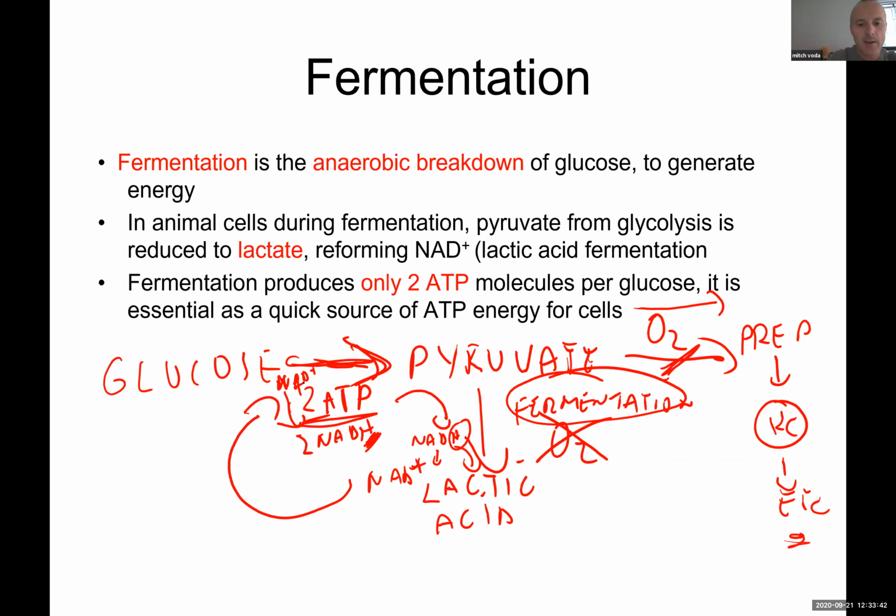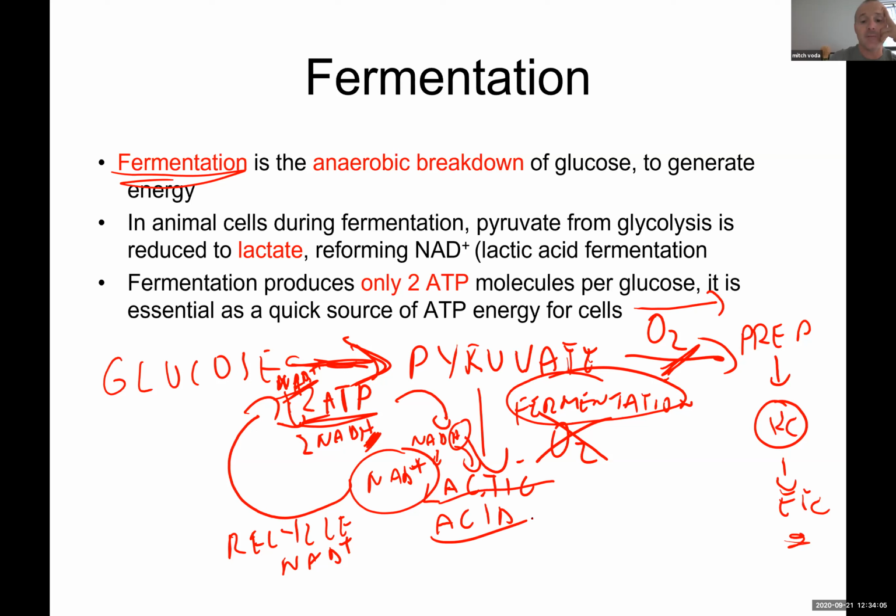NAD plus, nicotinamide adenine dinucleotide. That's the one that's going to pick them up. So the whole purpose of this fermentation is to recycle the NAD plus.